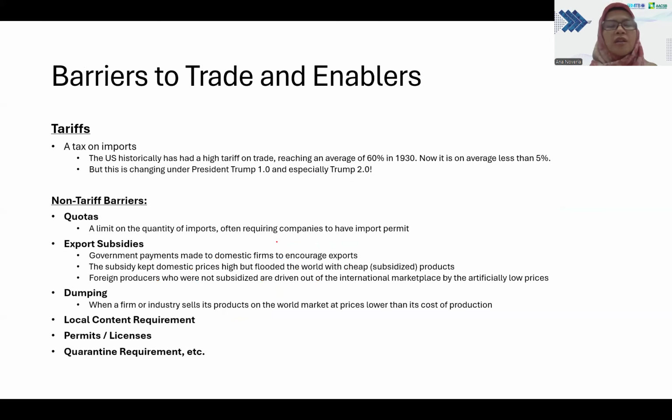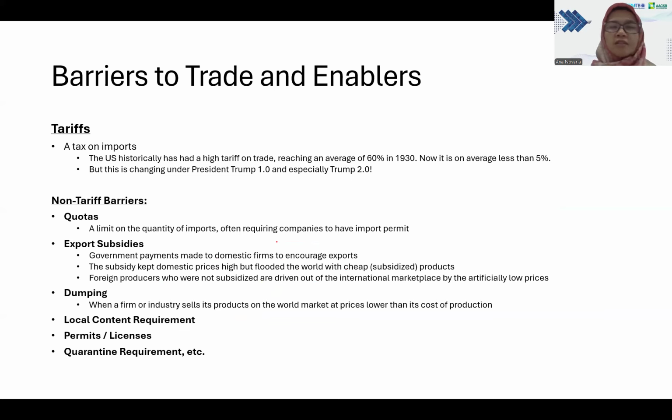Now, you just read this. There are barriers to trade and also enablers. Barriers to trade, you know the tariff, as the current issues here with the Trump tariff war, trade war.